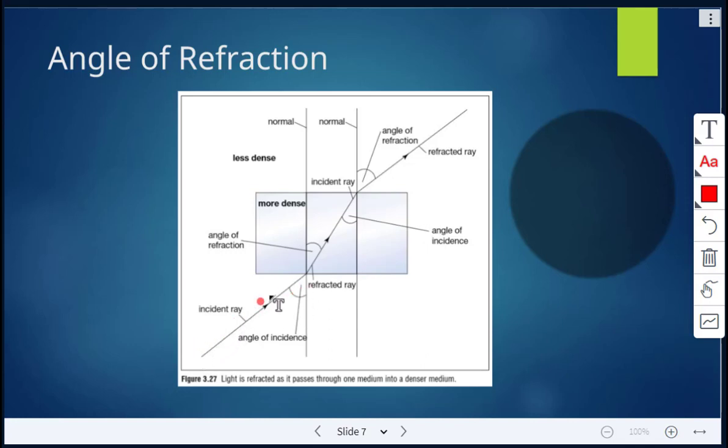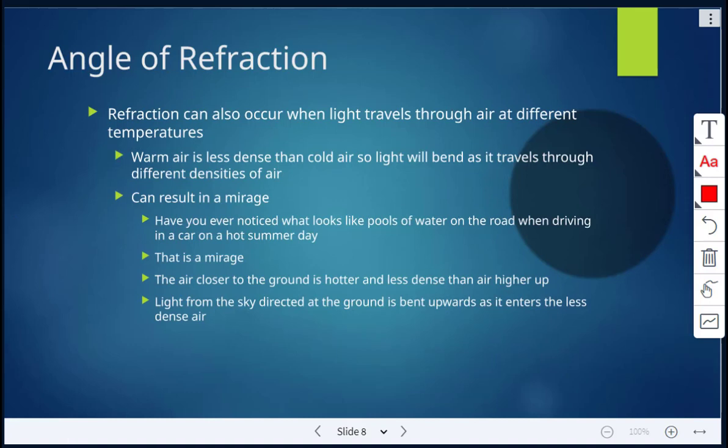The ray is traveling, coming into this new material, and we can see our refracted ray through here, and then when it exits that denser material, this is our refracted ray. Angle of incidence is here, and this is our angle of refraction.